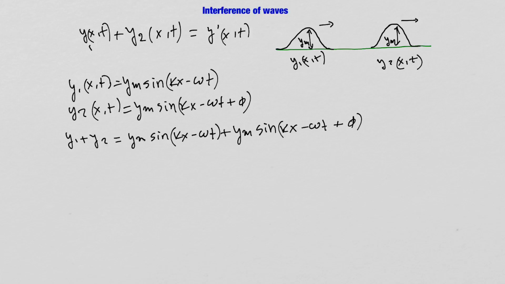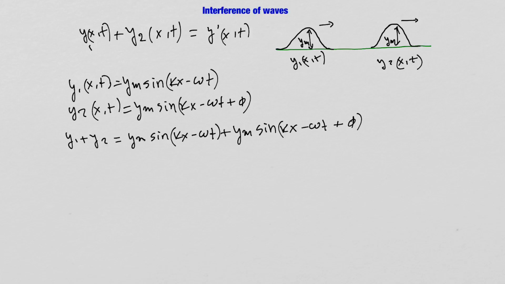So there is a trig identity that can be used to add two sine functions. And so this is available in Appendix E in the textbook. I will write it here on the board so that it's clear what I'm using.